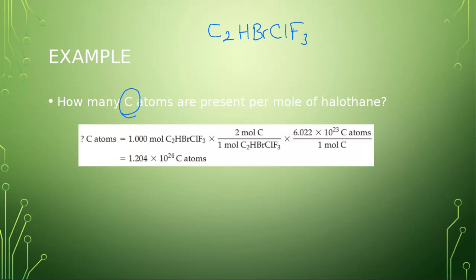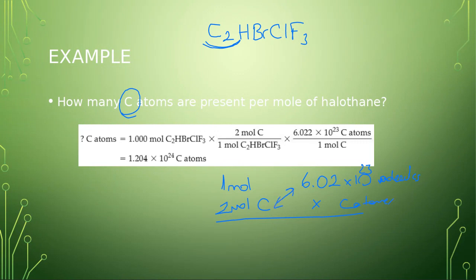You know that 1 mole of molecules has 6.02 times 10 to the 23, the Avogadro number, of molecules, but you have 2 moles of carbon atoms. How many carbon atoms do you have? You only have to multiply the Avogadro number by the moles of carbon, and you will find the carbon atoms.